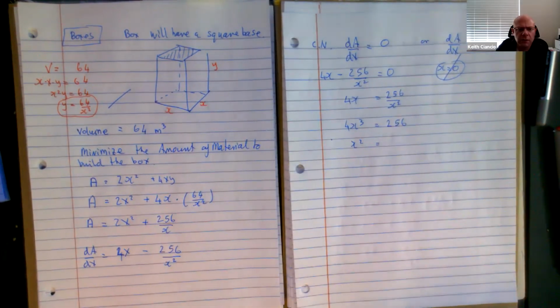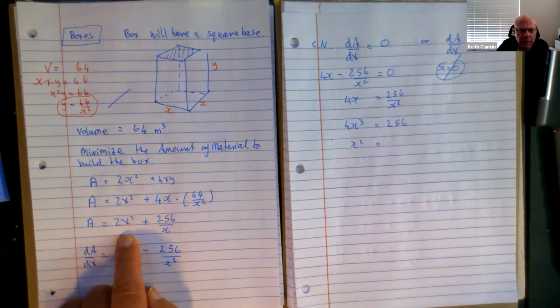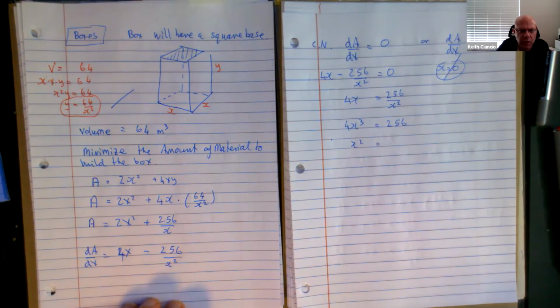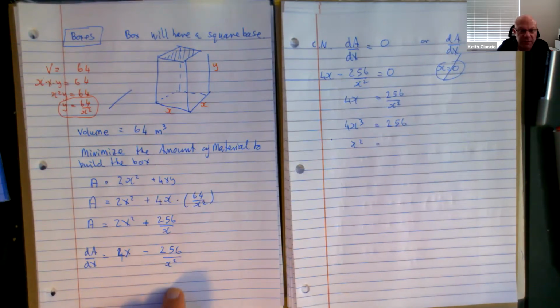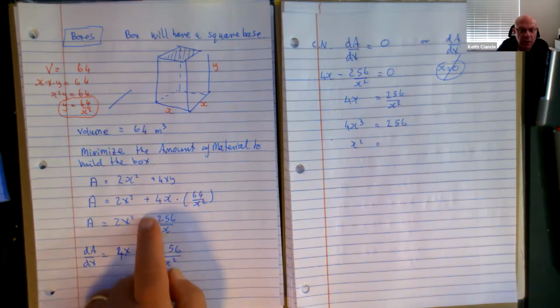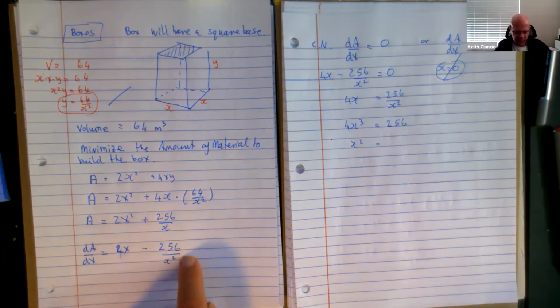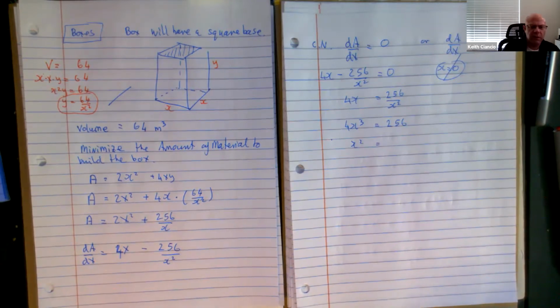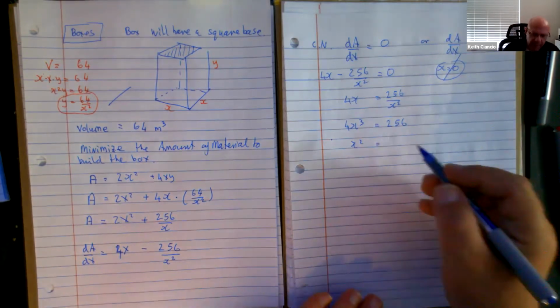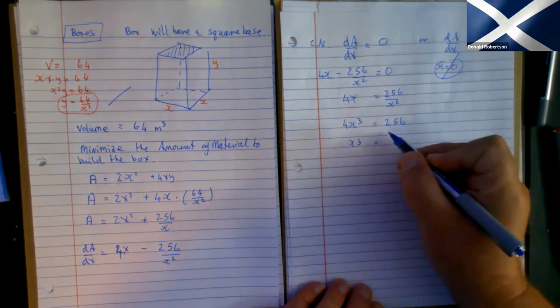Yes. So back to the page on the left, how did we go from A equals 2x squared plus 256 divided by x to 4x minus 256 divided by x squared? I differentiated it. So power rule. Oh, for x, power rule. Okay.